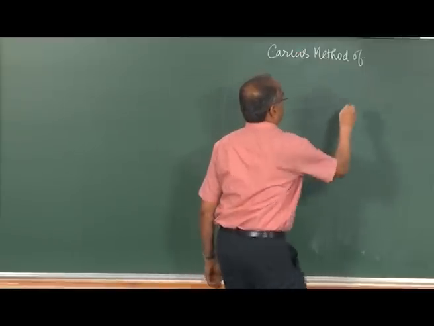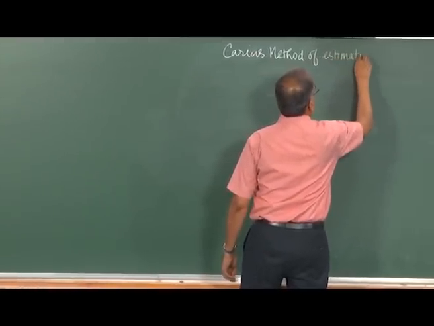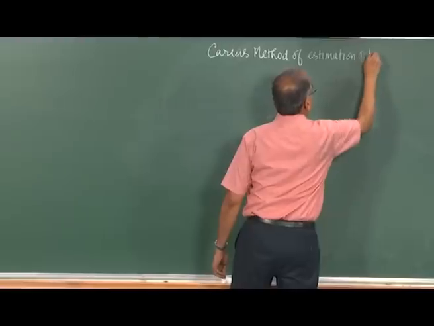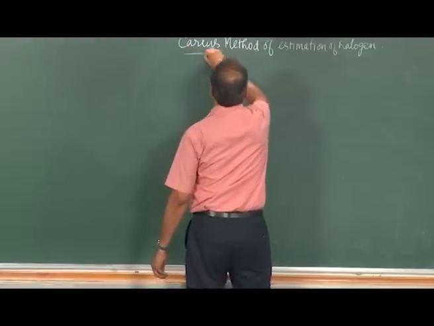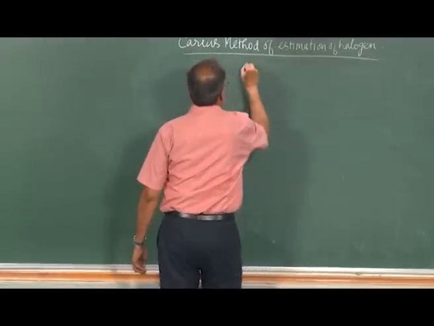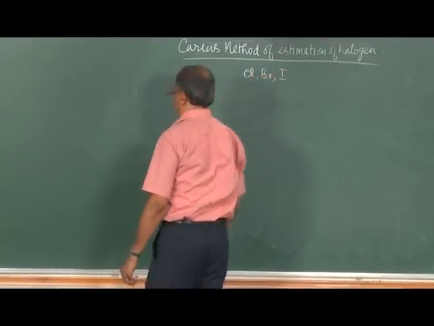Carius method of estimation of halogen. When we say estimation of halogen, we are primarily talking about the estimation of chlorine, bromine and iodine only, not necessarily fluorine.